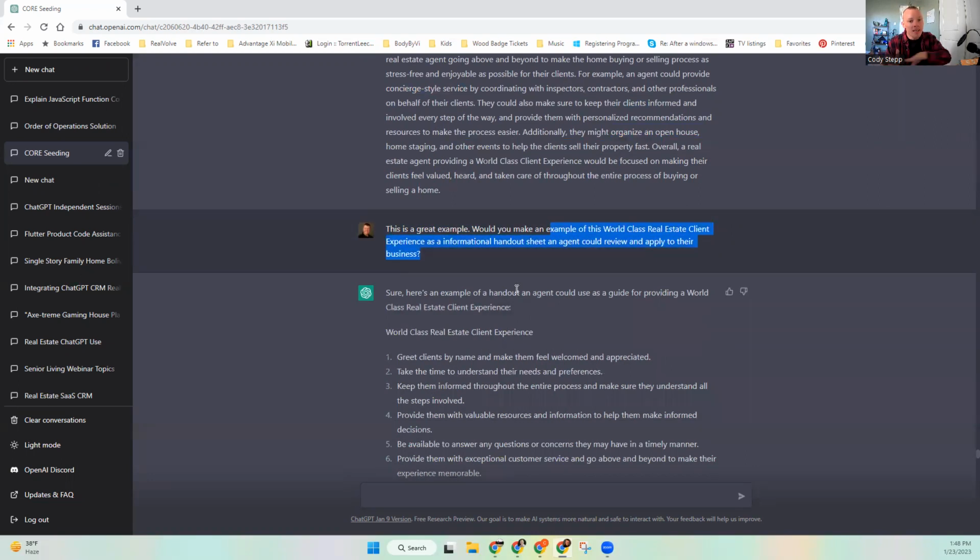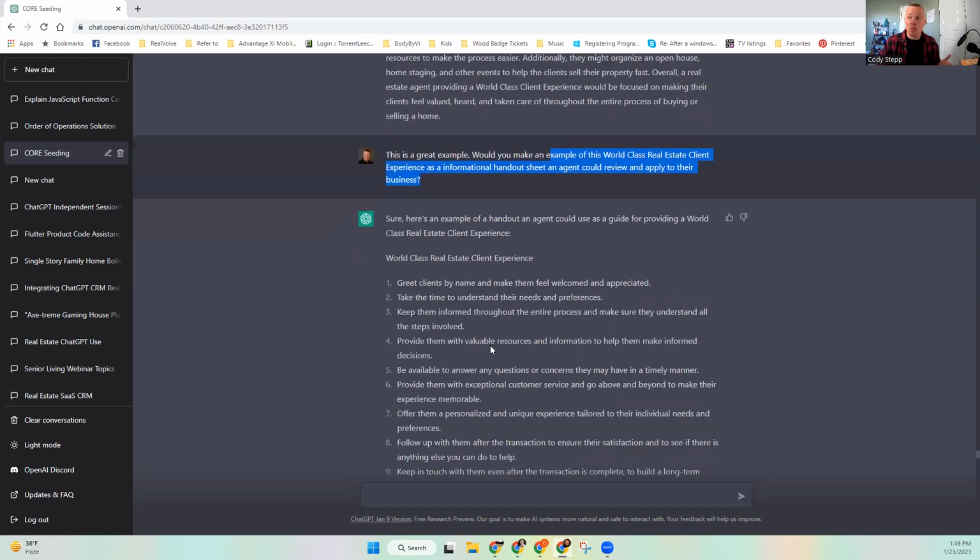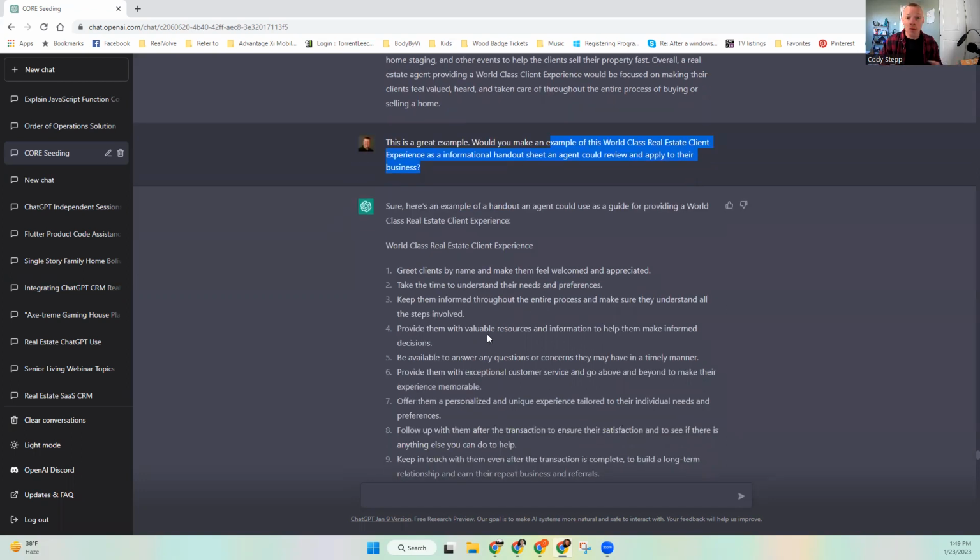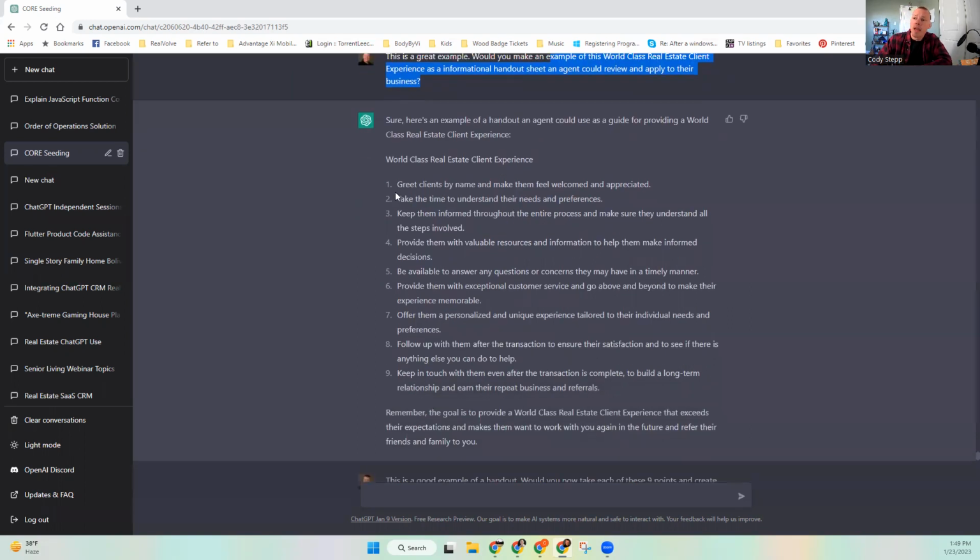Because once we've seeded information and validated that it understands what we're teaching it, we can ask it to provide us with examples of resources that we could use to build out either things that we're providing our customers or even just frameworks or skeletons of things that we ourselves can use in our marketing efforts, in our resource building, and all of that. So here's an example of a handout, and it gives me 9 just quick bullet points.